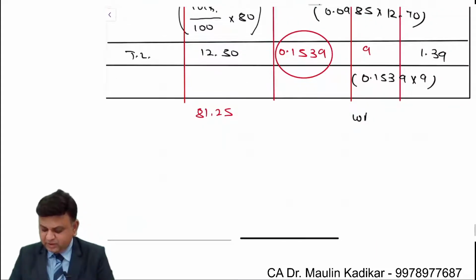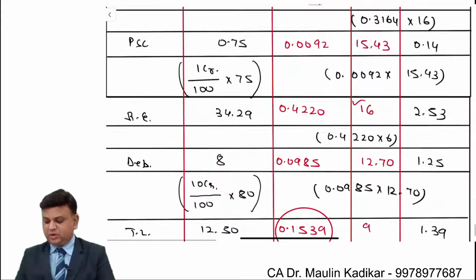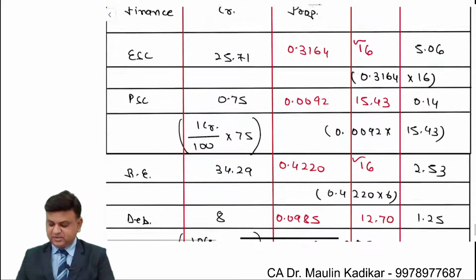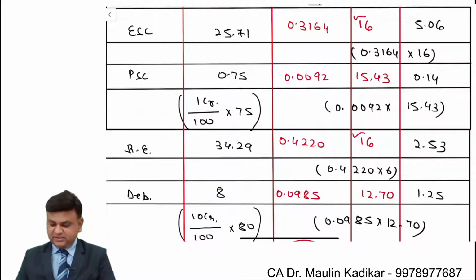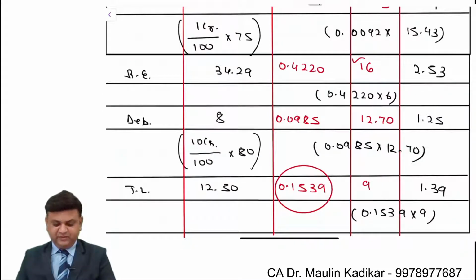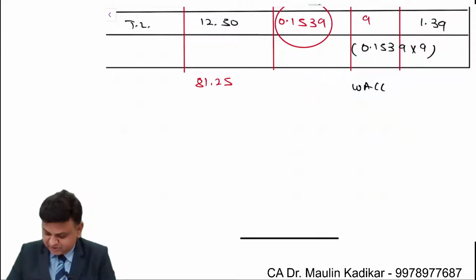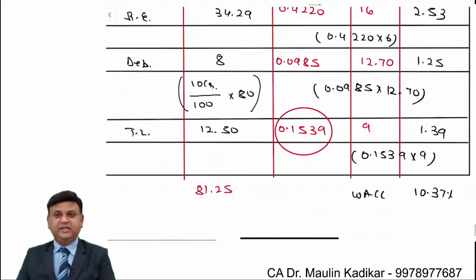This is the way we compute the weighted average cost of capital or overall cost of capital. So it is 5.06 plus 0.14 plus 2.53 plus 1.25 plus 1.39. It comes to 10.37%. That is the way the answer is calculated.